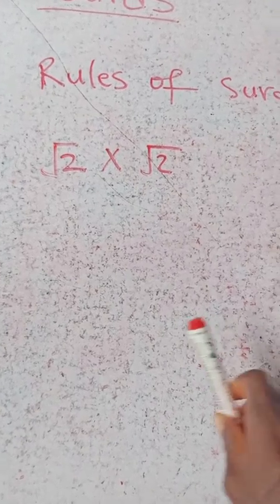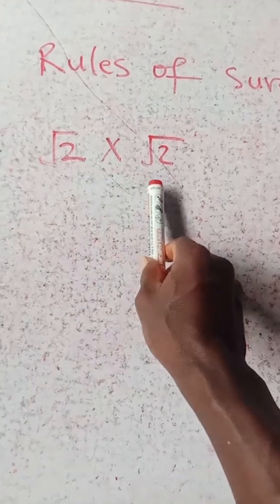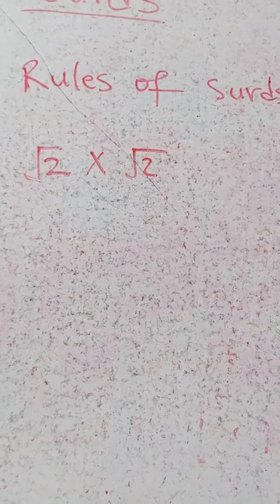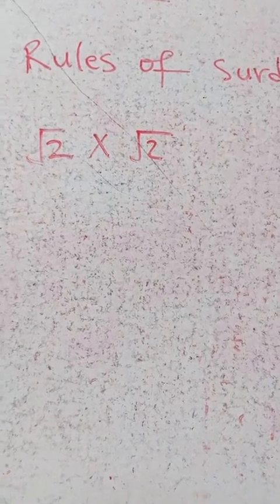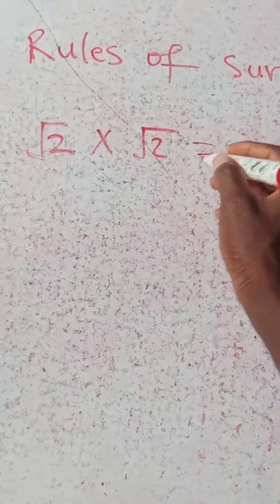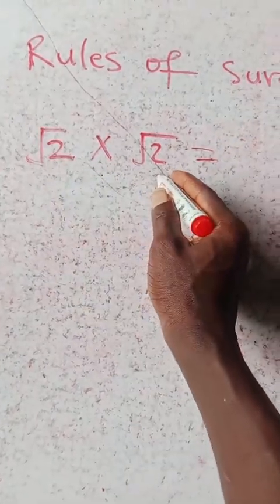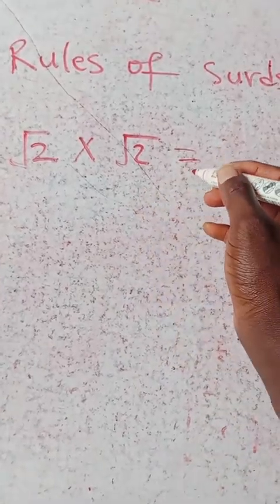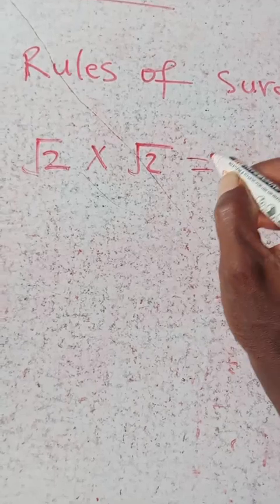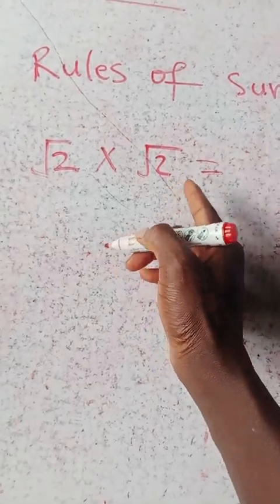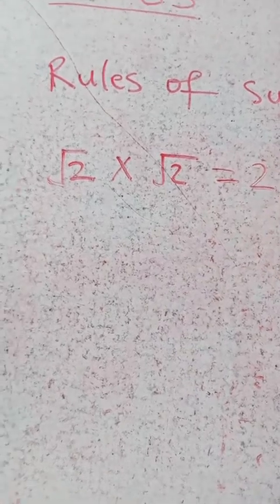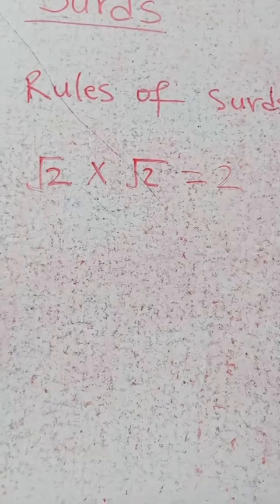So when the roots are the same and you are multiplying, look at this, the answer is just simple. The result will be just one of the numbers in the root, that is 2.